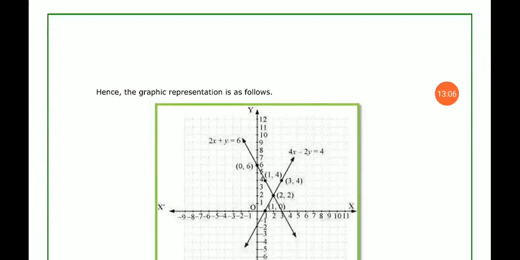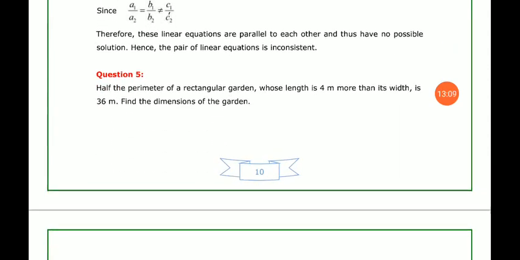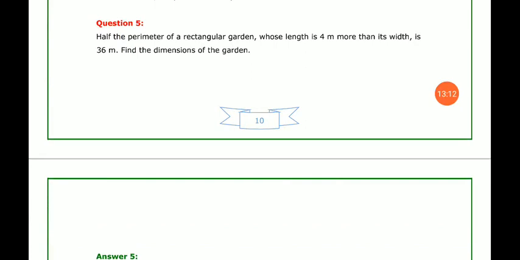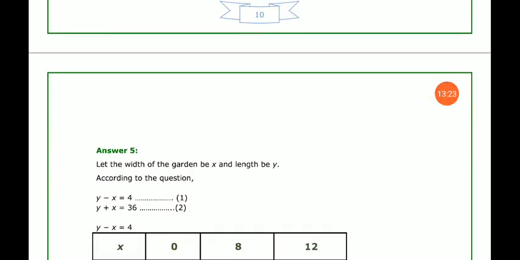Next, we have completed 5 questions. Question number 5: half of the perimeter of a garden whose length is 4 meters more than its breadth is 36. Find the dimensions of the garden. So again we will take length and breadth as x and y.